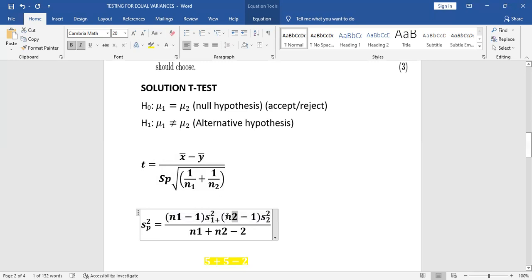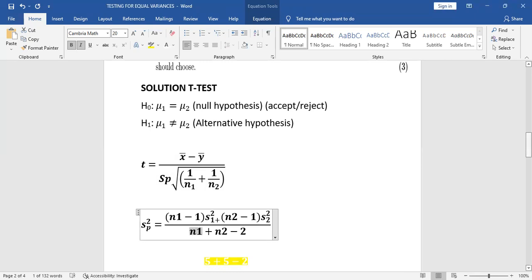And N2, sample size 2, minus 1 multiplied by variance 2, all divided by N1 plus N2 minus 2.